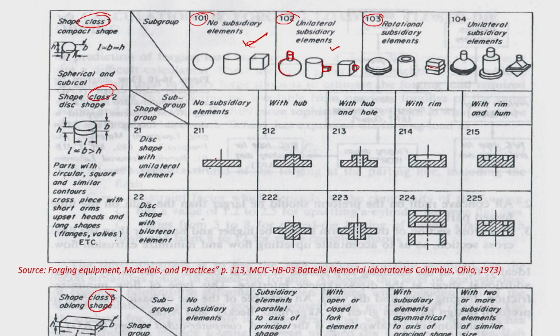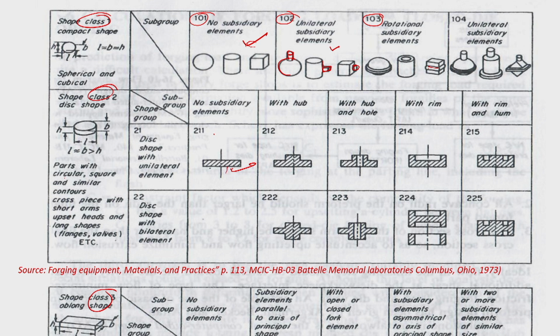For example, in the simplest case, 211, this classification 211, it is a very simple disc with no unilateral element. There is no subsidiary element, just a simple disc. But if there is a disc with a hub, maybe used for a flywheel, then there is a disc and a hub, and there is complexity coming into the picture compared to this part.